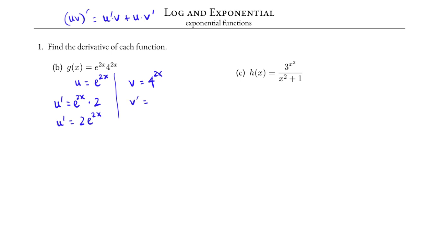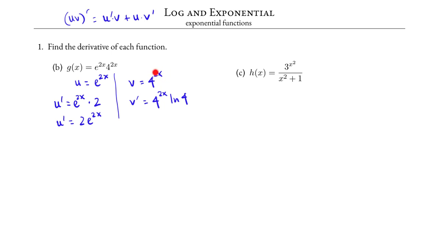For v prime, there is a function 2x inside the exponential function with base 4. With base 4, the derivative of 4 to the 2x is 4 to the 2x times ln of 4. Since this is not base e, we have to multiply by ln of the base, but we're not done yet.